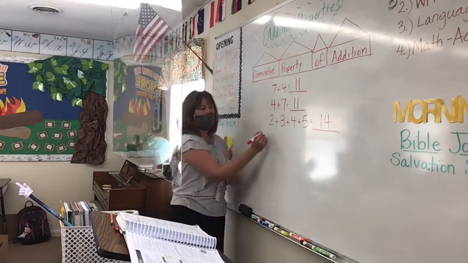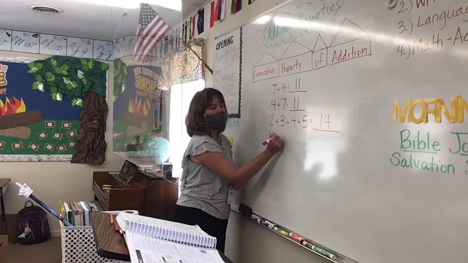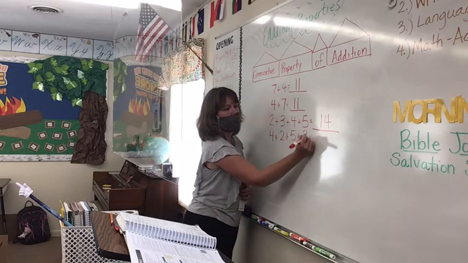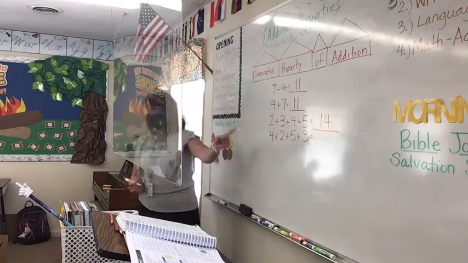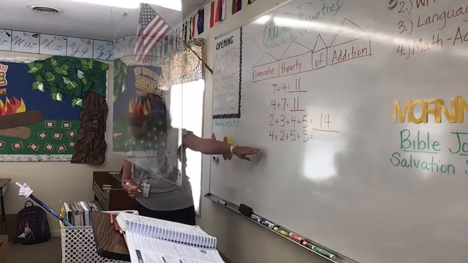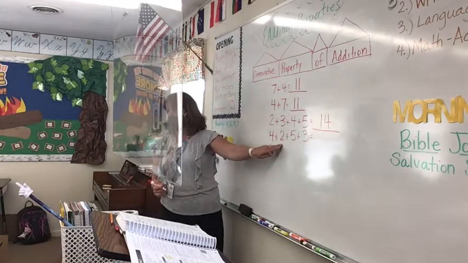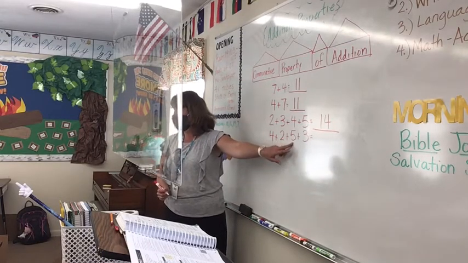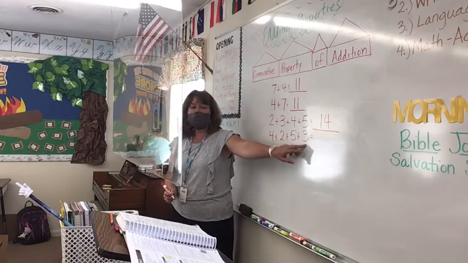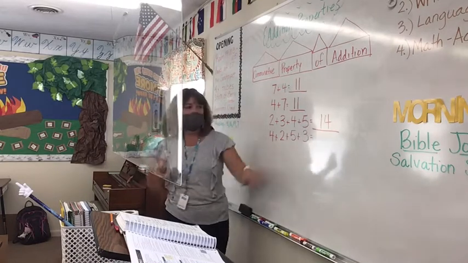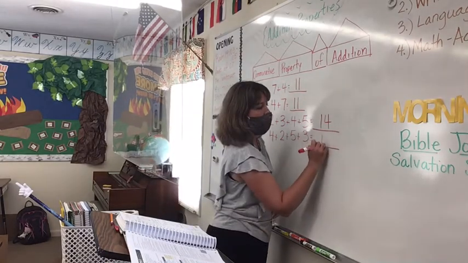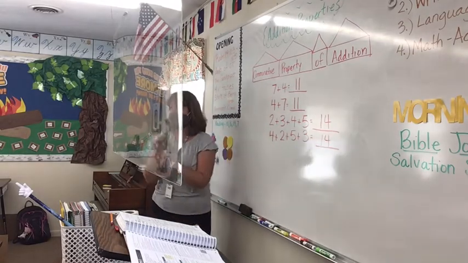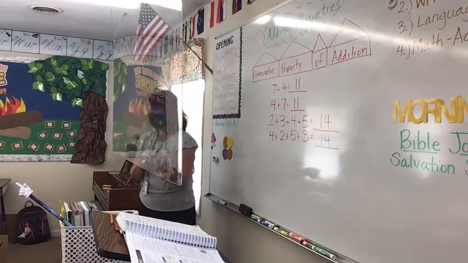So let's say we have 4 plus 2 plus 5 plus 3. We should get the same answer. Let's try it. 4 plus 2 is 6, 6 plus 5 is 11, and 11 plus 3 is 14. So it's true. Whenever you switch addends, you get the same answer, no matter what.